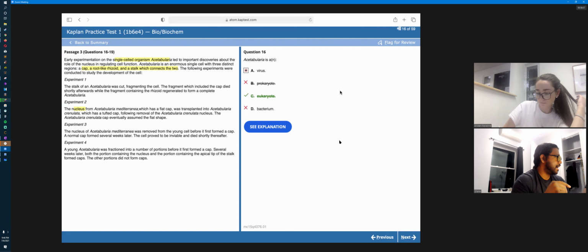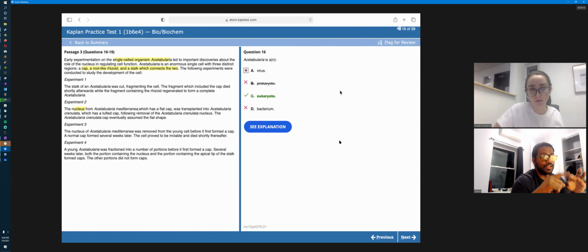And then they have Crenulata, which also has a cap, but it's tufted, like kind of shaped. So we're taking the nucleus from something else with a flat cap, and we're putting it into something that has a tufted cap, and we're taking the nucleus out of that thing that has a tufted cap.